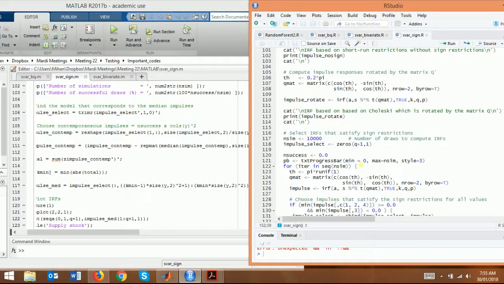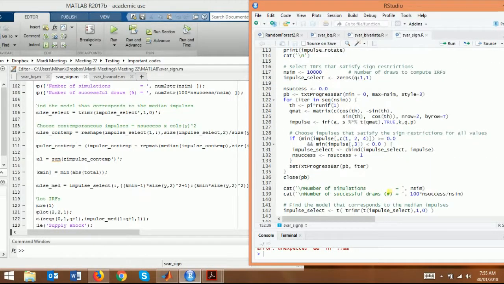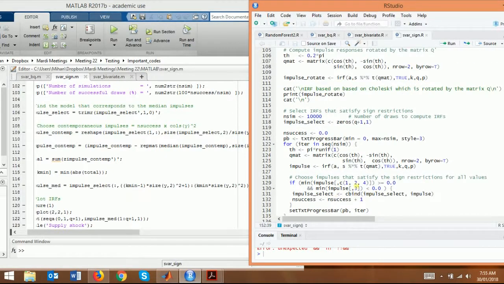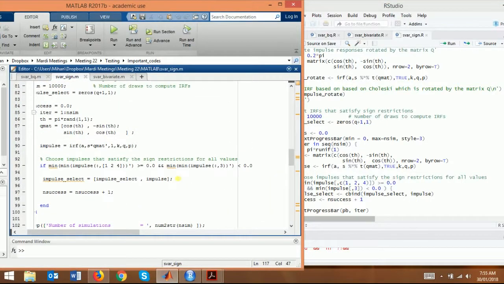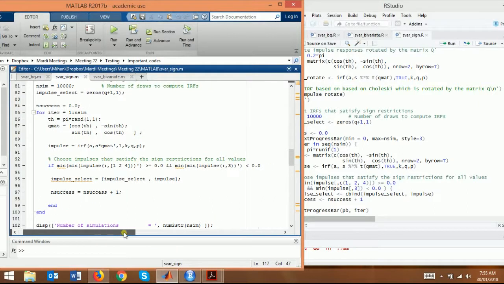Maybe given enough time I can discuss further on sign restrictions. However, up until variance decomposition is not difficult, and updating the variance decomposition is not difficult. Iteration is not difficult as well. Iteration is quite simple. With the functions, iteration is not at all difficult.